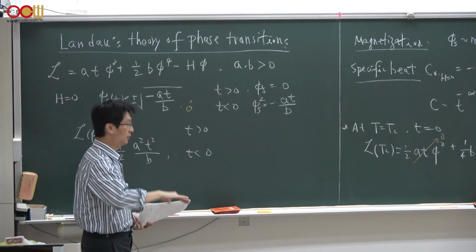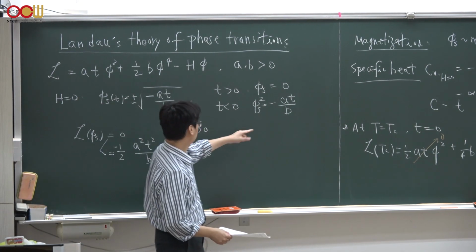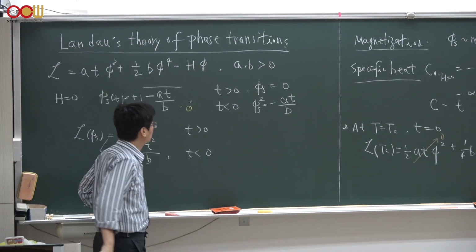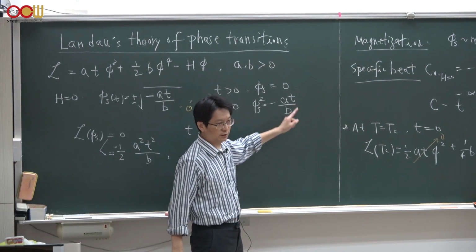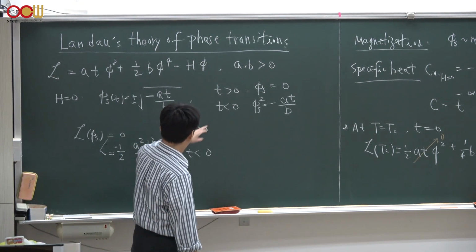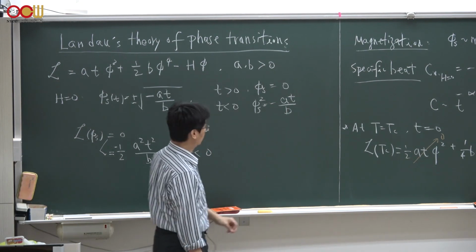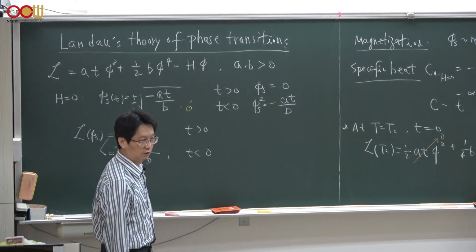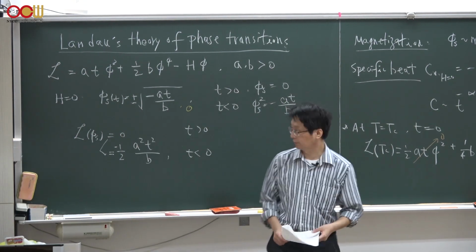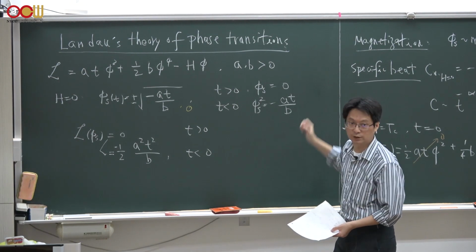And when the temperature is below Tc, we get a finite order parameter developed, and that value is given by this mean field equation. And again, this little t is a dimensionless temperature relative to Tc, and when little t is negative, you get one more negative sign. Therefore it is positive because the A and B coefficients are both positive. So you get finite magnetization or mean field order parameter developed when the temperature is below Tc.